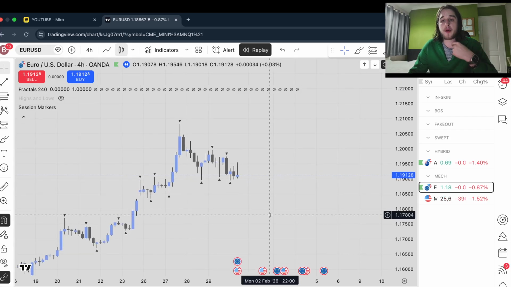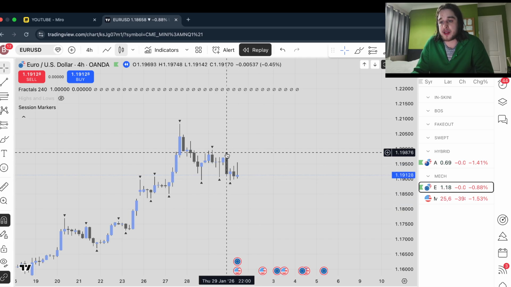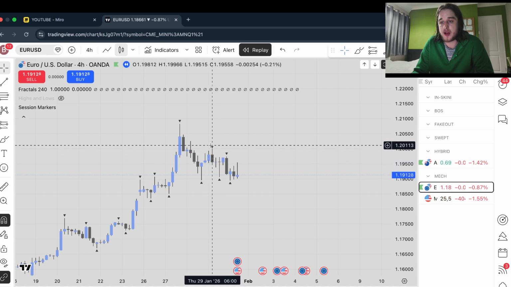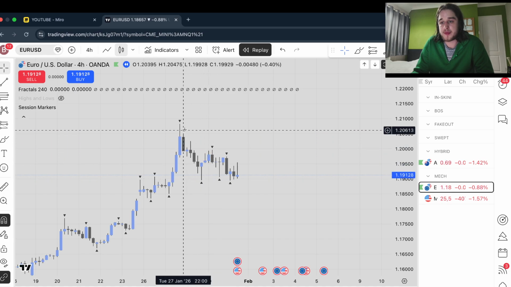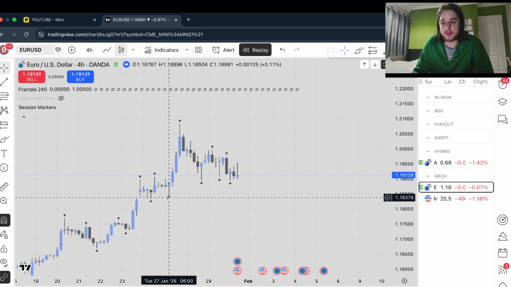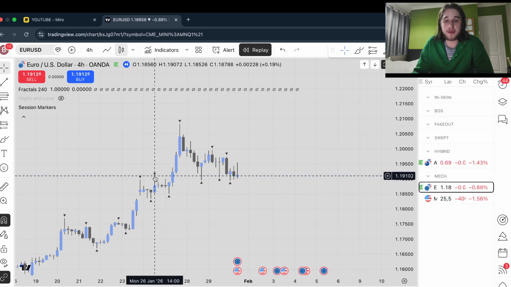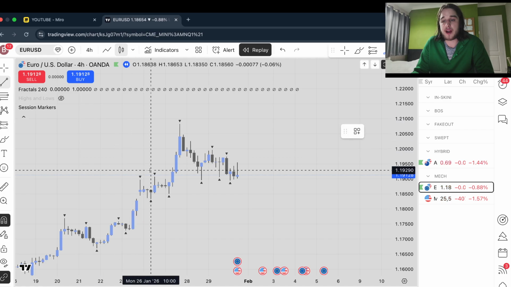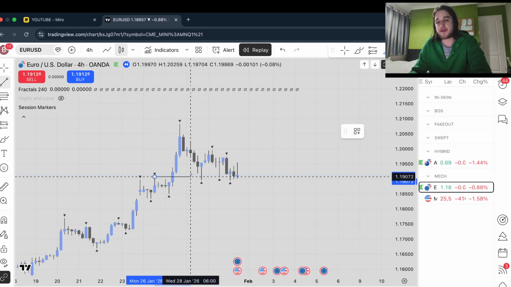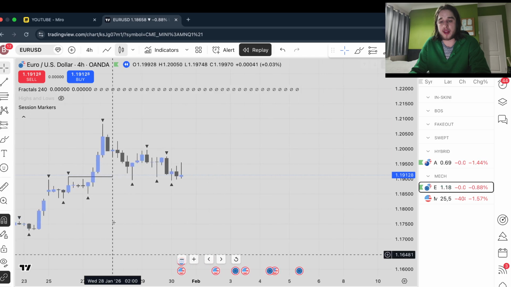Boom. On the 4-hour chart, if you remember last time, we looked for the fractal break of structure. All we're doing is looking for that exact same thing on the 4-hour chart. So we trace back these fractals here. There we go, we have had our fractal break of structure here, because the body of the candle has closed through our previous fractal.